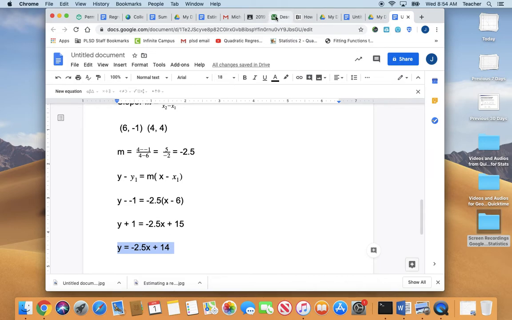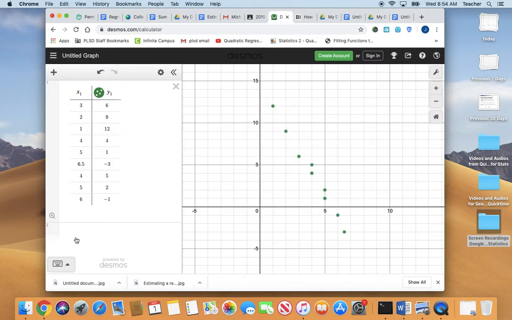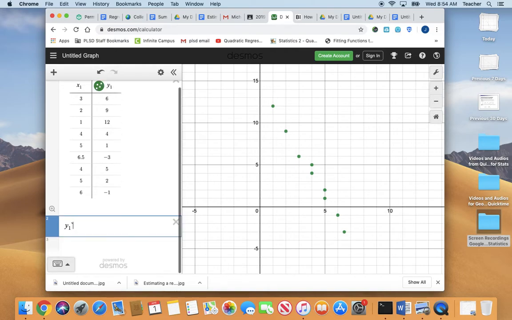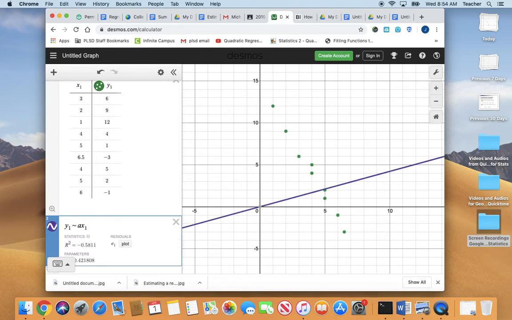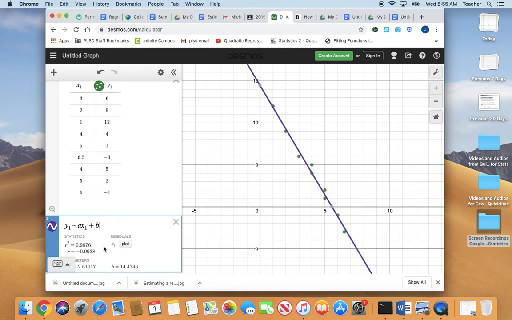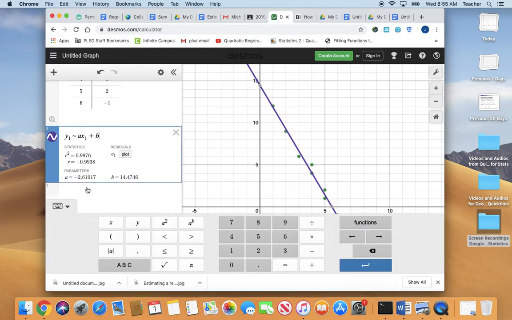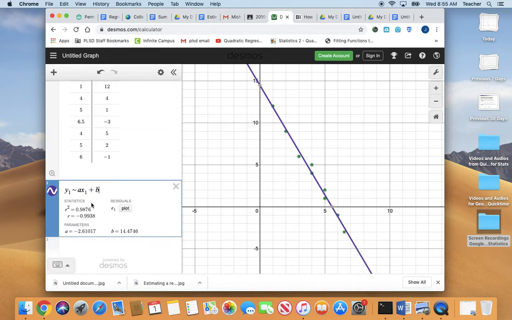So right now I'm going to go back to Desmos, and I'm going to find the regression line. So y1 is approximately ax1 plus b. And if you notice here, it says in this case, my A is negative 2.61017, and my B is 14.4746.